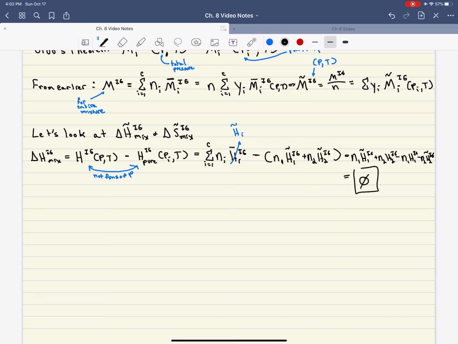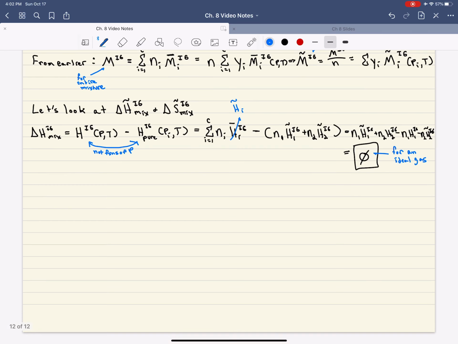Okay? So for ideal gases, you don't have any delta H mix. There's no excess enthalpy. So that's the result we see for an ideal gas.